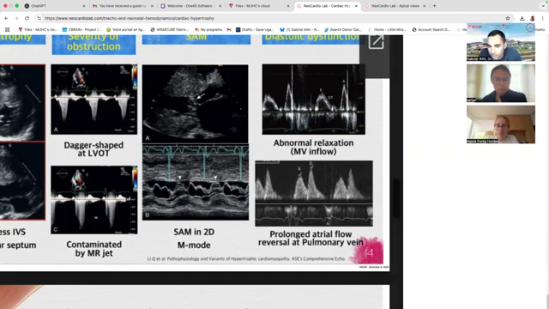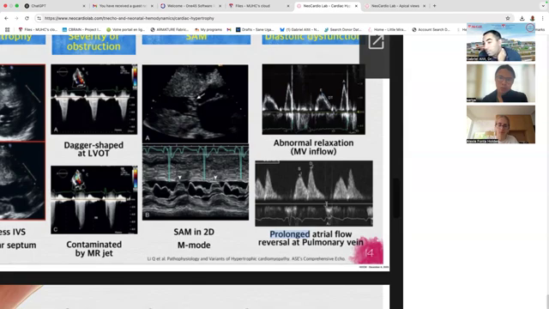This is what this Doppler is, the A wave here. So you get the pulmonary venous S wave, the diastolic wave, and then you can get some reversal of flow. We measure the duration. If your duration becomes very long, it tells you there's a problem, there's more time you spend in reversal flow inside your pulmonary venous bed. That's another sign that the LA pressure is high.